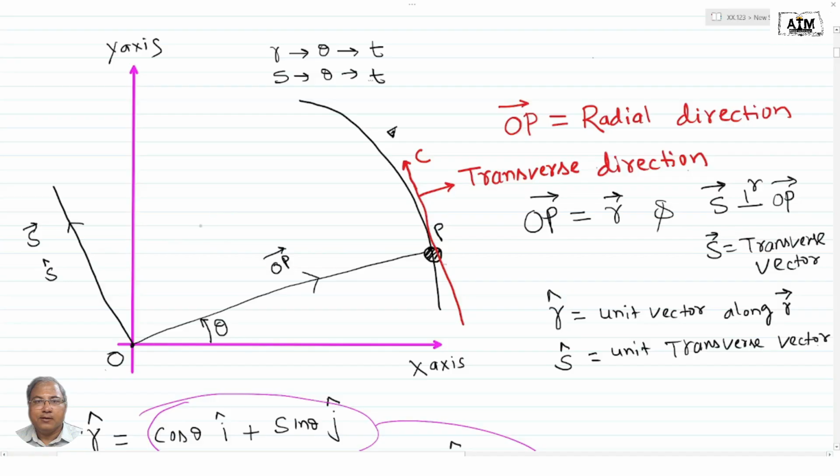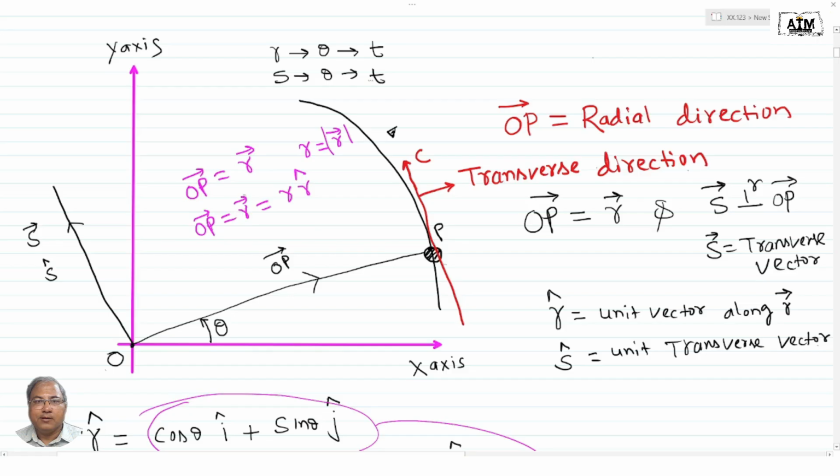Here in this diagram, vector OP equals vector r, and let r equals the magnitude of vector r. So vector OP, that is equal to vector r, can be written as r multiplied by the unit vector in the direction of vector OP.